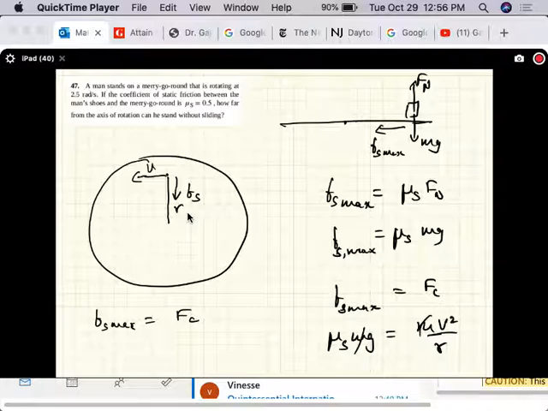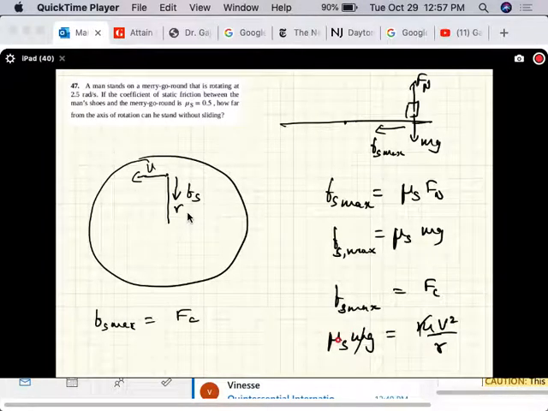Wait a second, you're given the static coefficient of friction. Right, so mu s is given.